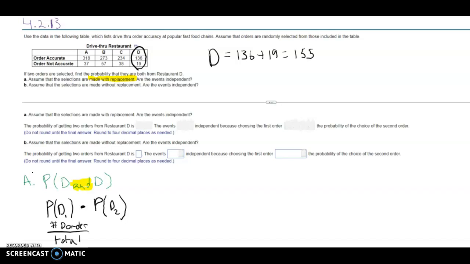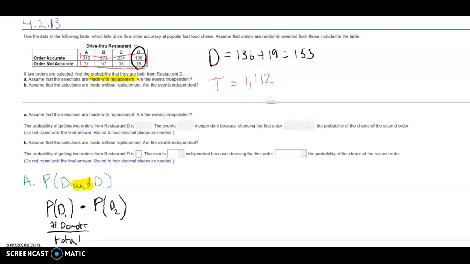My total number of orders is going to be the addition of all the numbers in the table. And when I add all of the orders in the table, the total I get is 1,112.